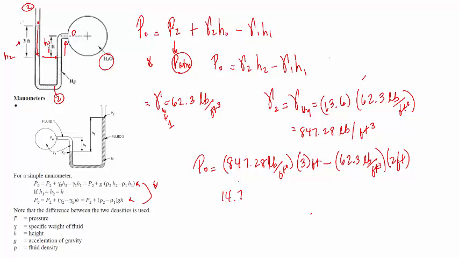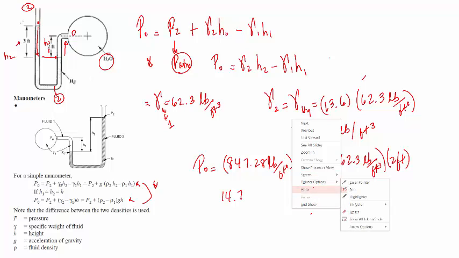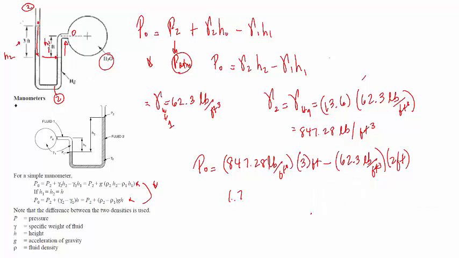Let me do the calculation. So you can do the calculations with me here. I'm giving you time, 847.28 times 3 minus 62.3 times 2.